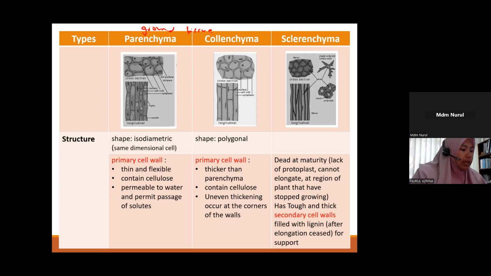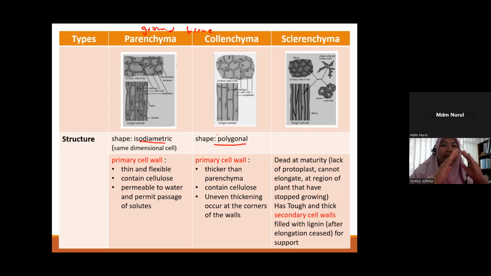Let's see the first one in terms of structure. Parenchyma cells have an isodiametric structure. Isodiametric means they have the same dimensions, in other words the shape is quite similar to one another. As for collenchyma, it has a polygonal structure.